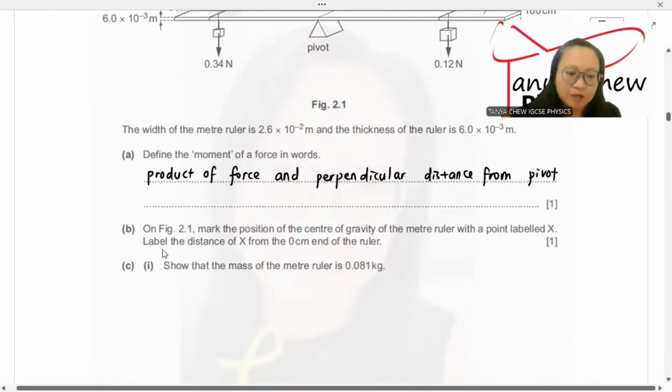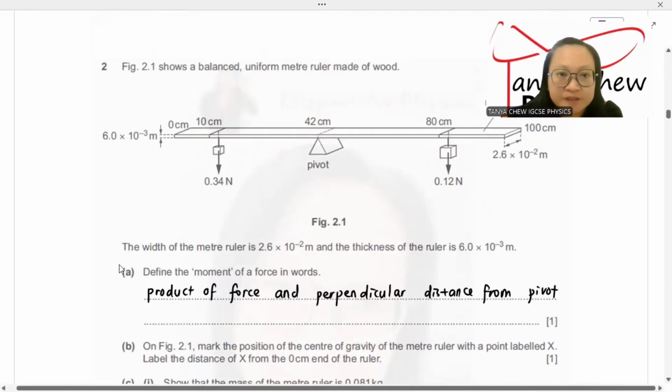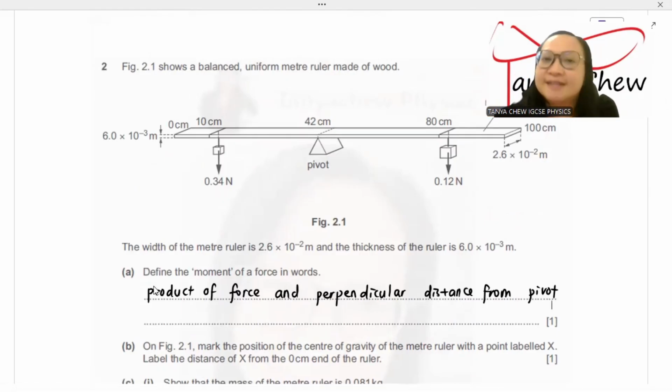B, on Fig 2.1, mark the position of the center of gravity of the meter ruler with a point labeled X. Label the distance X from the 0 cm end of the ruler. So the 0 cm is here. How do you know where the center of gravity is? And what is center of gravity? Center of gravity is a point where the whole weight of the meter ruler is acting.